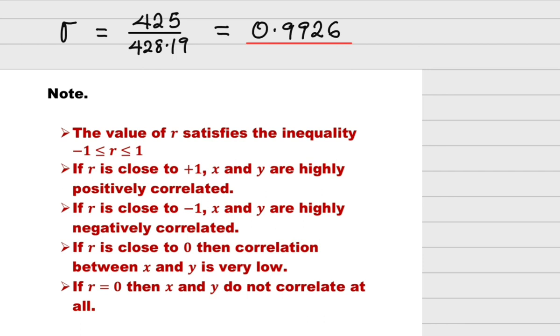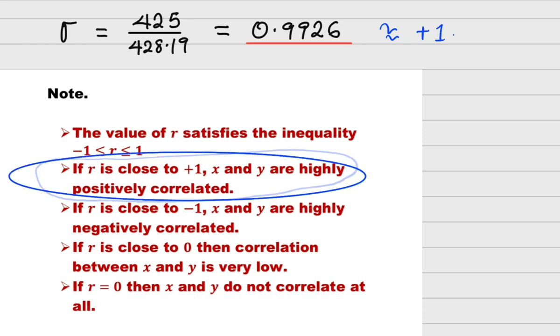Remember, correlation has to do with the relationship between two variables, and here they are X and Y. Our answer is 0.9926. This is so close, or approximately +1. So we can conclude that X and Y are highly positively correlated. That is the comment we are to make.